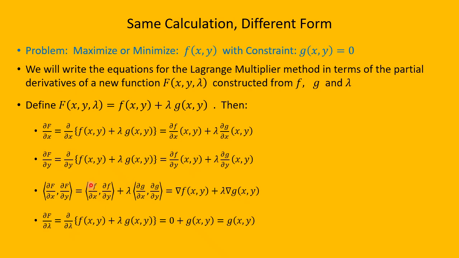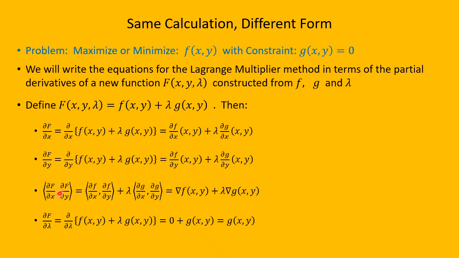The vector with the partial derivatives of little f with respect to x and y, plus lambda times the partial derivatives with respect to x and y of the function g. Now, this vector is just the gradient of f of x y, and this vector is just the gradient of g of x y. And so these two vectors can be represented as gradients.